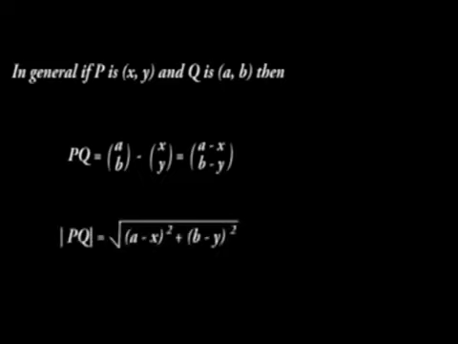In general, if P is (x, y) and Q is (a, b), then PQ is (a, b) minus (x, y), which is (a minus x, b minus y), and the magnitude is the square root of (a minus x) squared plus (b minus y) squared.